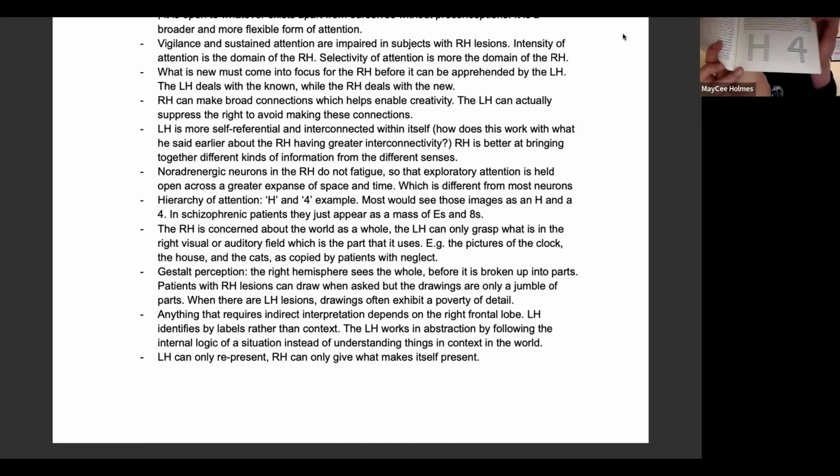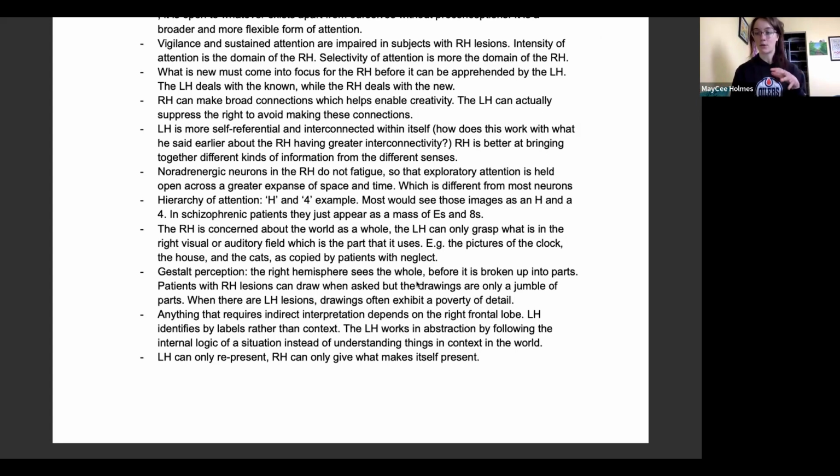Inside this H is a bunch of mini Es, and inside the 4 is a bunch of mini 8s. Most would see those images as an H and a 4. In schizophrenic patients, they just appear as a mass of Es and 8s.